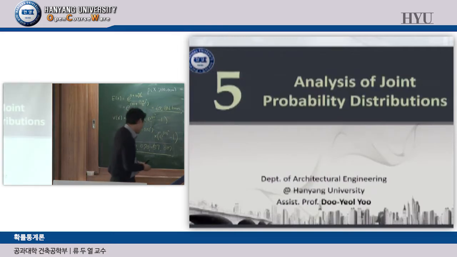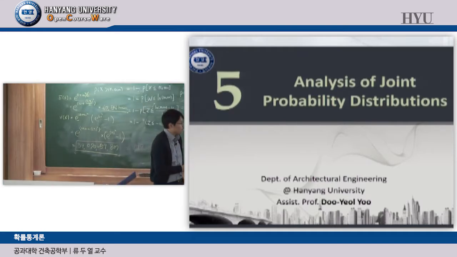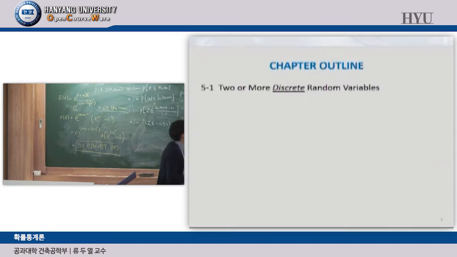And this is chapter 5. The title of chapter 5 is the analysis of joint probability distributions. And this is the chapter outline.